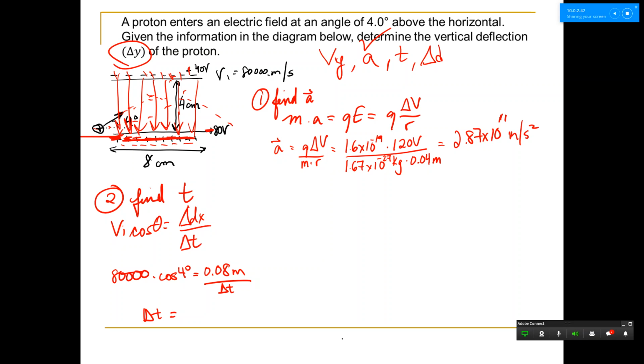But you don't know its final velocity, though. It's zero, no? No, not necessarily. The vertical deflection would be what is its y position at the end compared to the beginning. So its final velocity is not necessarily zero. Do I have an answer?